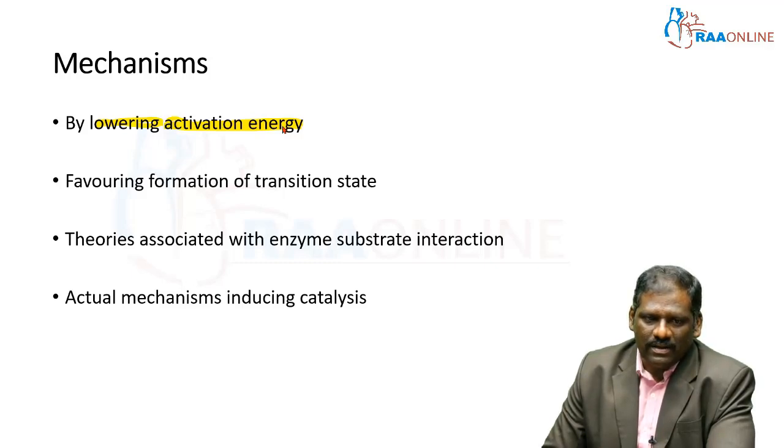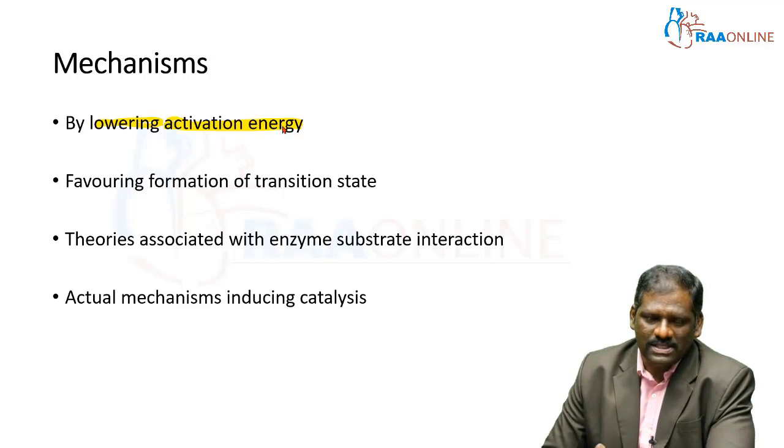The second one is that it should favor the formation of a transition state. The active site must favor the formation of a transition state. Then we have various theories associated with enzyme substrate interaction. And finally we will be seeing the actual mechanisms which can induce catalysis.